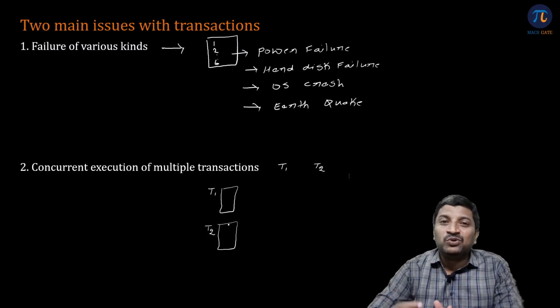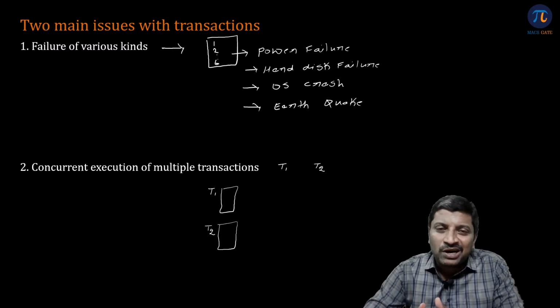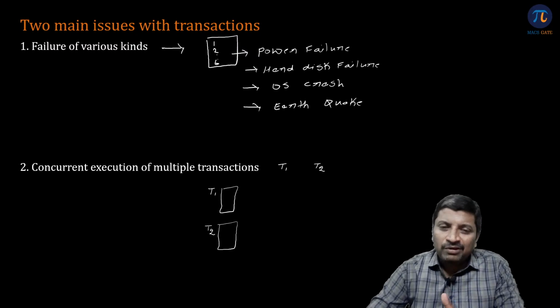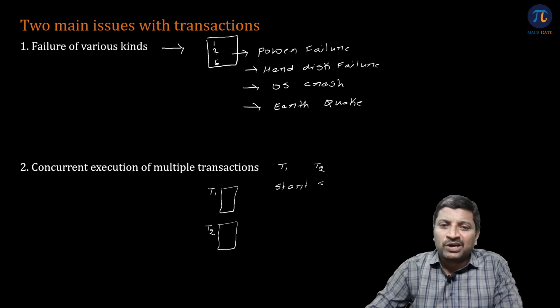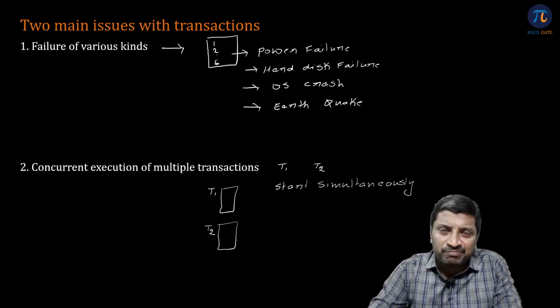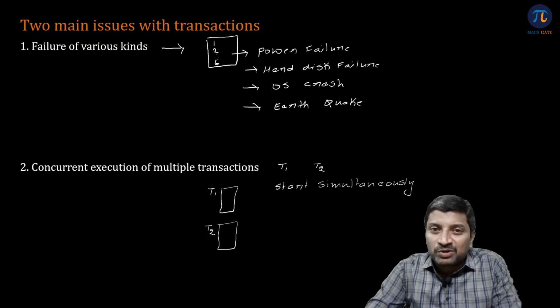But people don't have patience to start the transactions one after completion of another. They want to start both of the transactions simultaneously. So when they are doing concurrent execution of the transactions, there may be so many possibilities of problems. What are those problems? How to overcome those problems?